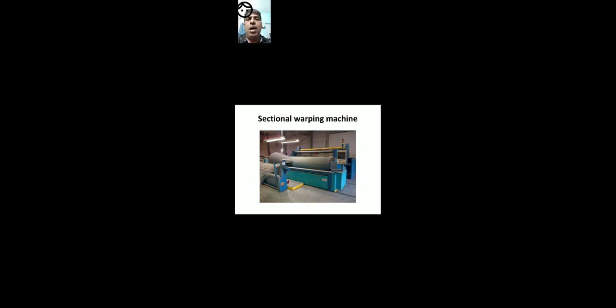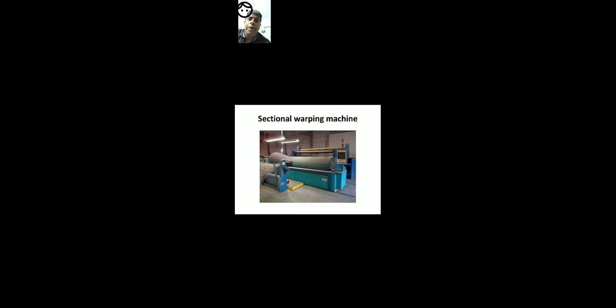Direct warping is also called beam warping. Direct warping is used for single monocolored filaments, whereas indirect warping or sectional warping is used for multicolored.